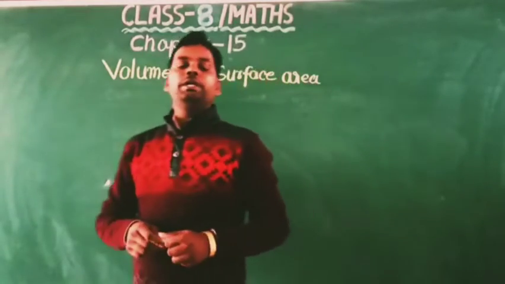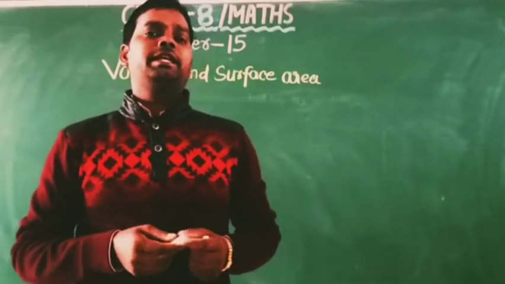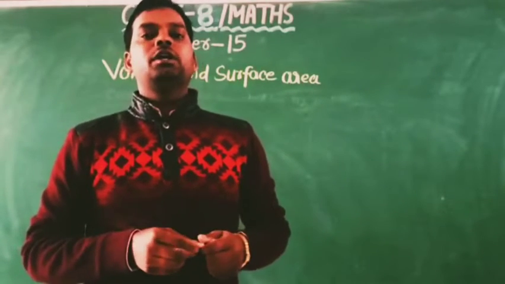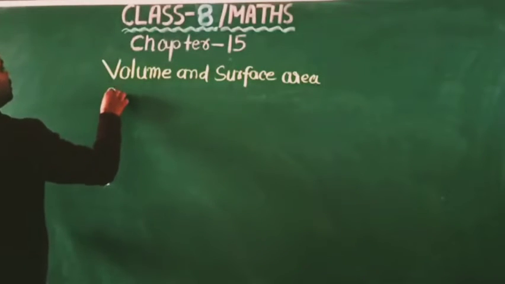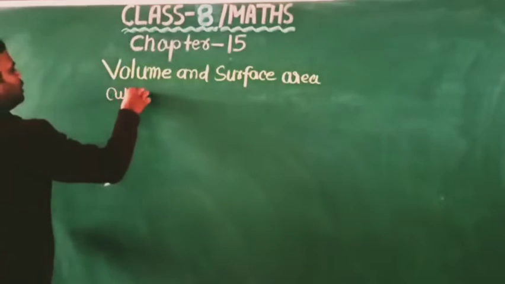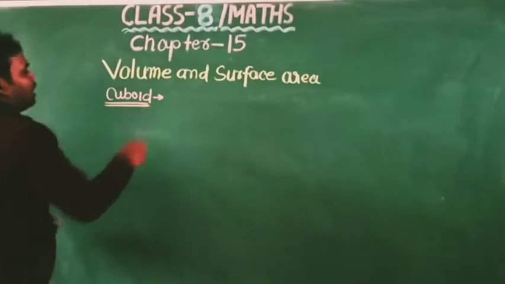Now we explain the volume and surface area of the cuboid. Okay, what is the volume and surface area of the cuboid?